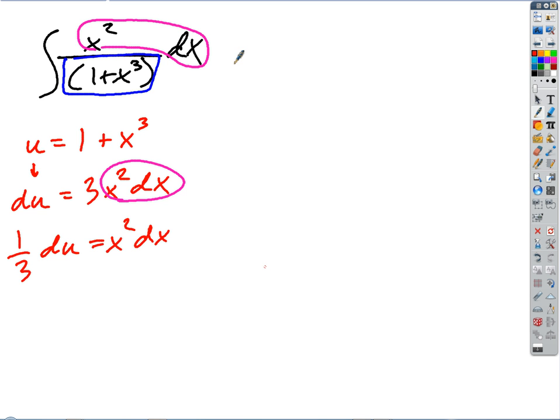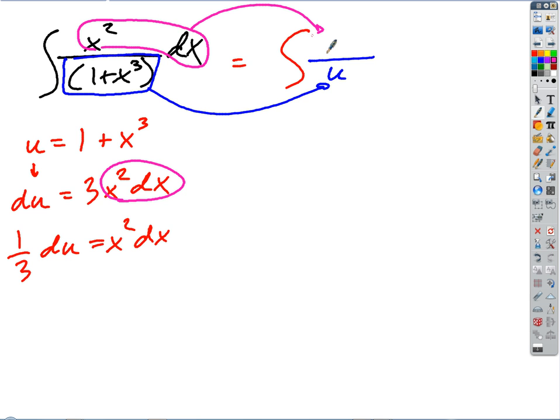We get the integral of, there's our u on the bottom, right? So it's going to be du over 3u. Then on the top we get 1/3 du, right?